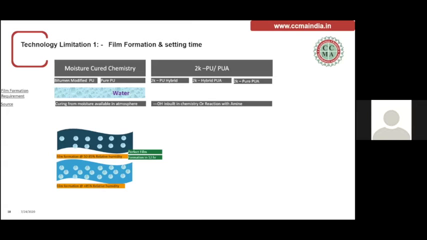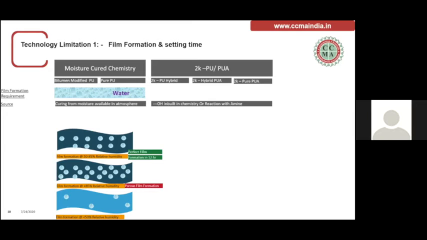It also depends on the formulation of the system and what kind of equipment manufacturers use to develop their single component chemistry, but in general, these are the limitations. Too much moisture is a problem. Too little moisture is also a problem. If you are working in a very dry condition, curing will not happen, and maybe for 24 or 48 hours the curing will not take place.